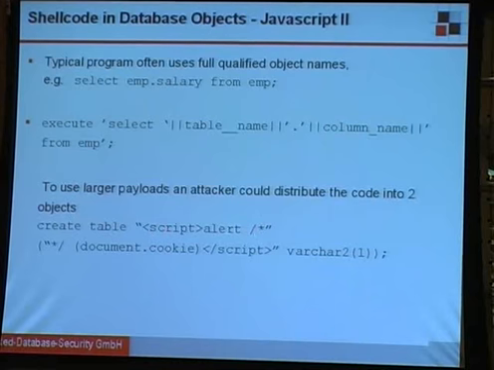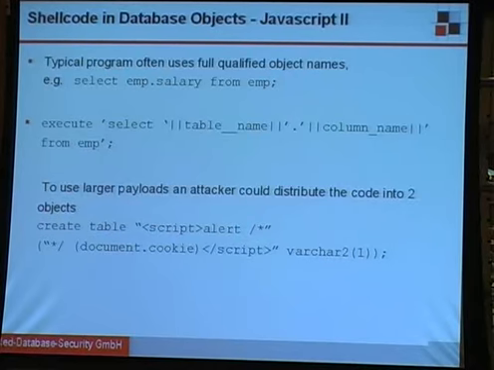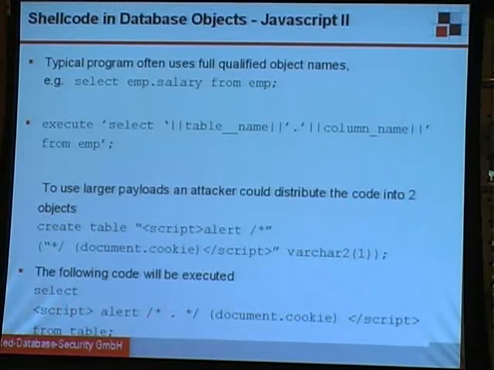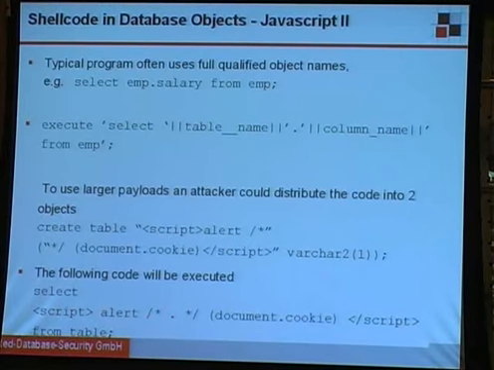So we have script alert, then /* starts the comment, and with this we are commenting out the dot. Then our column name needs the second part of the command. Oracle is then executing select script alert, we are commenting out the dot, and we have one JavaScript, which is longer than 30 characters.